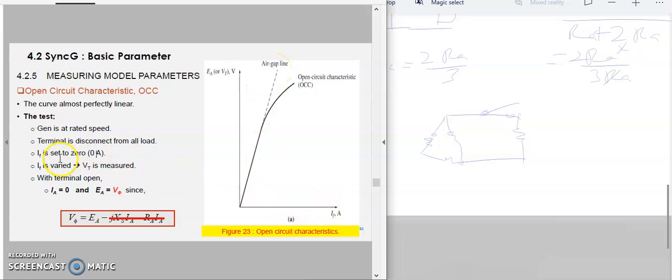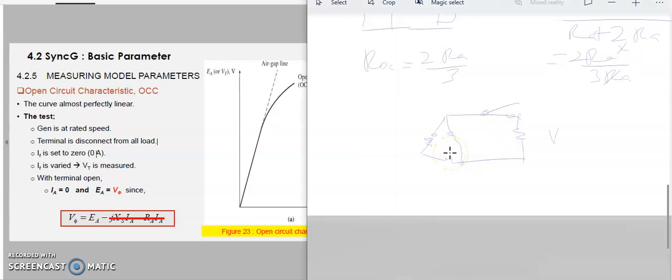The field current is set to 0 at first, with the terminal disconnected from all load, and we vary it from 0 to maximum, and we measure the terminal voltage here. We put a voltmeter here, not a source, it's a voltmeter.